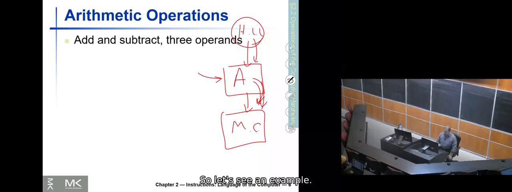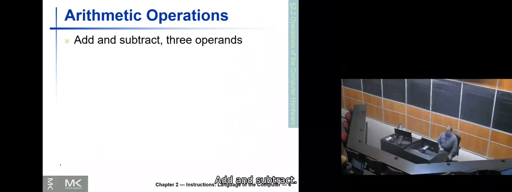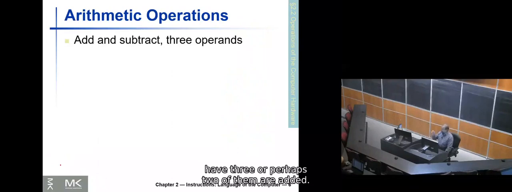So let's see an example, a very basic, typical example. It's not exactly as it is in MIPS, but it will give you the idea. Add and subtract. In MIPS-like machines, add and subtract have three operands.